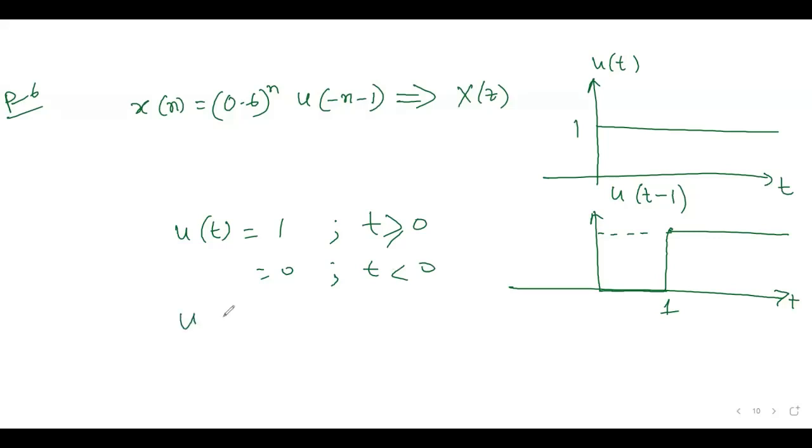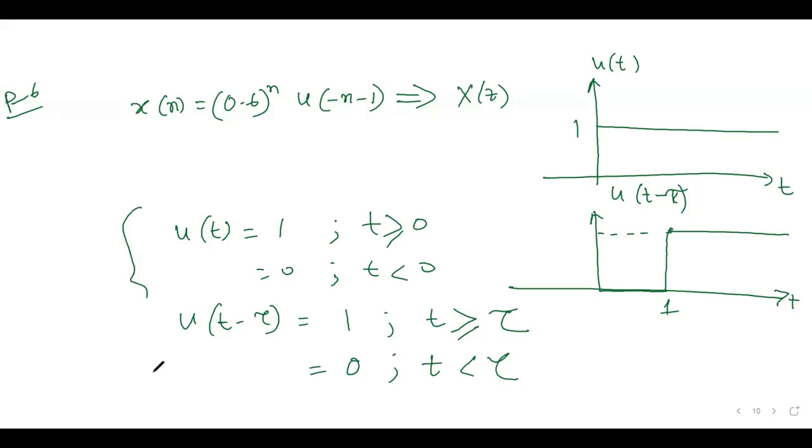And for u(t-τ), this is basically 1 for t greater than or equal to τ and 0 for t less than τ. That is for a right-sided signal.